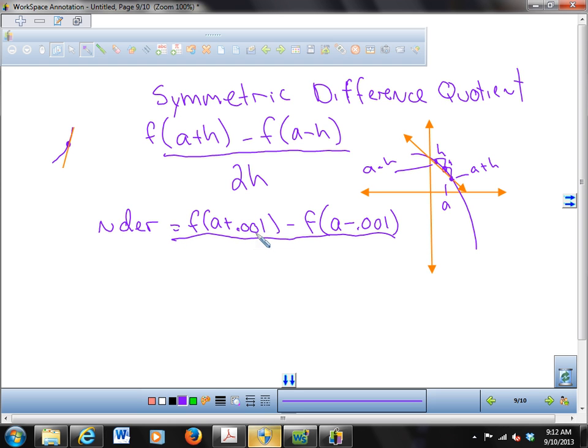If h is 0.001, what's 2h? 0.002. So your calculator can find approximate derivatives and get very, very close. Sometimes you can't even tell the difference between the actual derivative and your calculator derivative using this idea of a difference quotient. But what you have to realize is that your calculator is still approximating. It won't find the equation for you. It will find the derivative at a point.